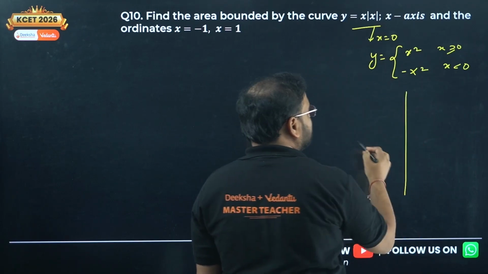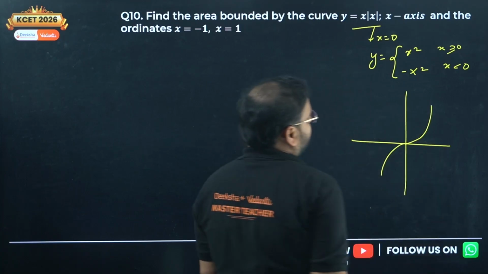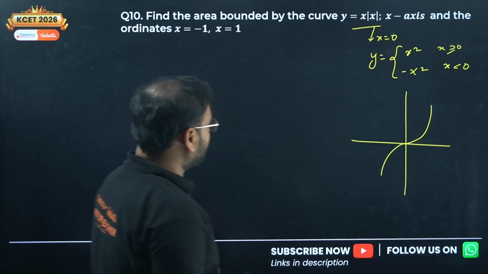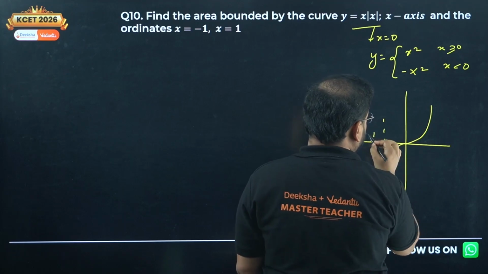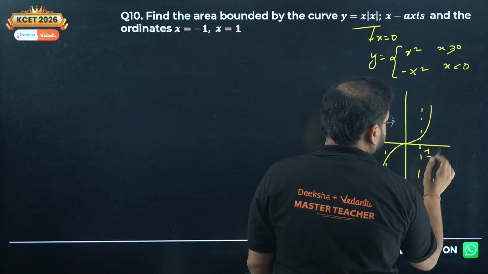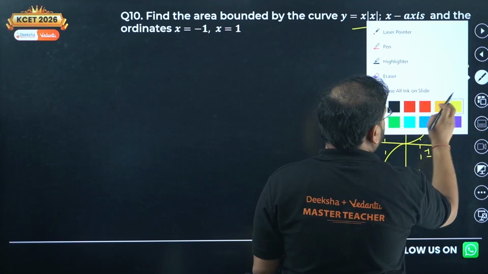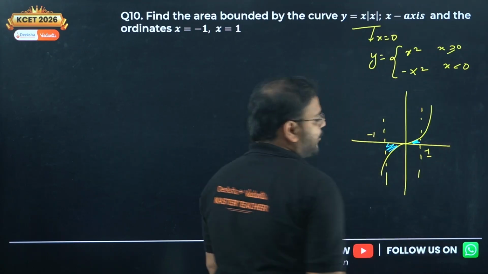So the curve will be like this, x square, minus x square. The limit is minus 1 to 1. So my required area is this.